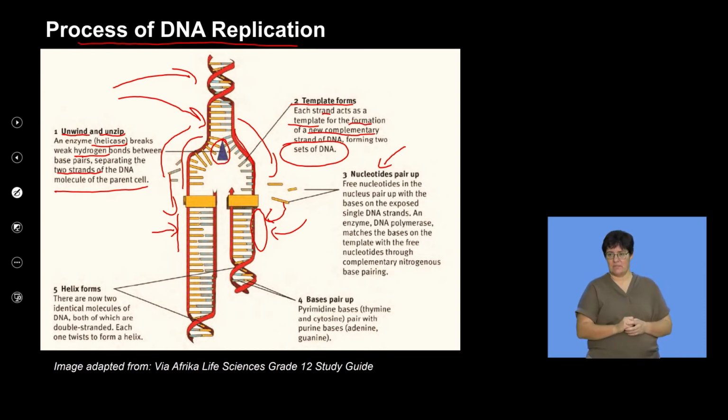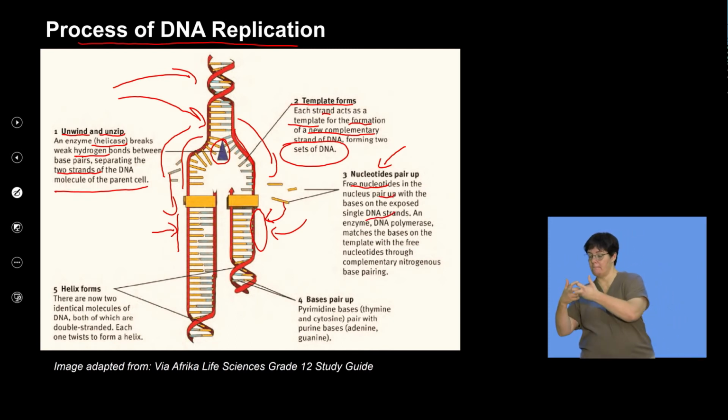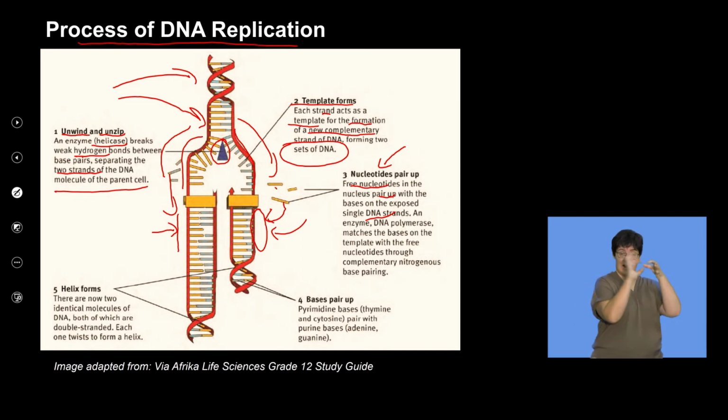The free nucleotides will move in and pair up with the exposed bases on the single strands, which I've illustrated further down here. And this happens through an important set of enzymes called DNA polymerases.